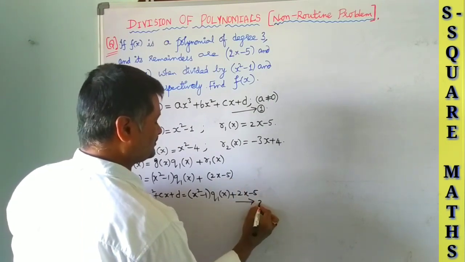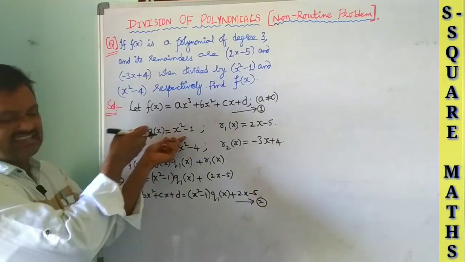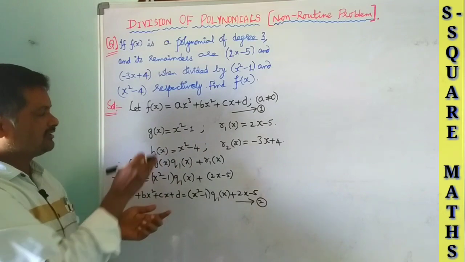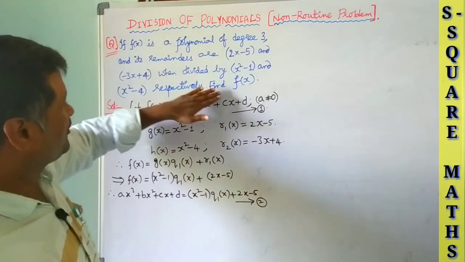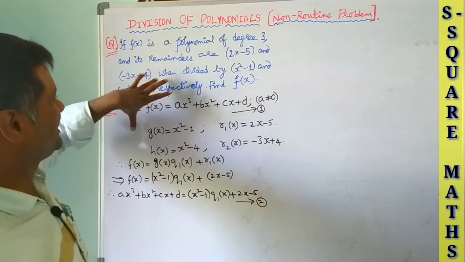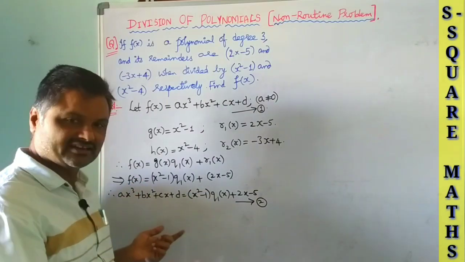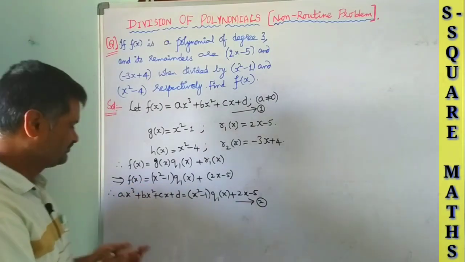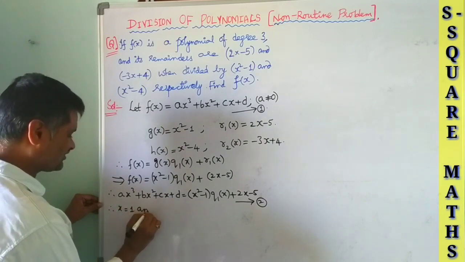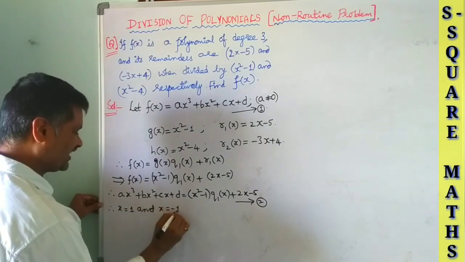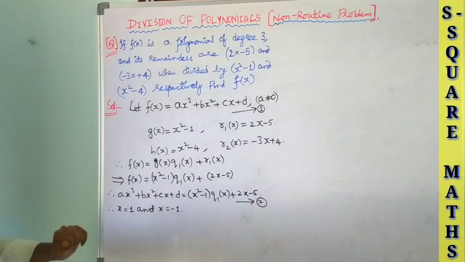So this is equation 2. Now, given that x square minus 1 is our divisor, the possible values of x are plus 1 and minus 1, because f of x is a third degree polynomial divided by x square minus 1. So the possible values of x are plus 1 and minus 1. Therefore we have to consider x equal to 1 and x equal to minus 1 in this second equation.